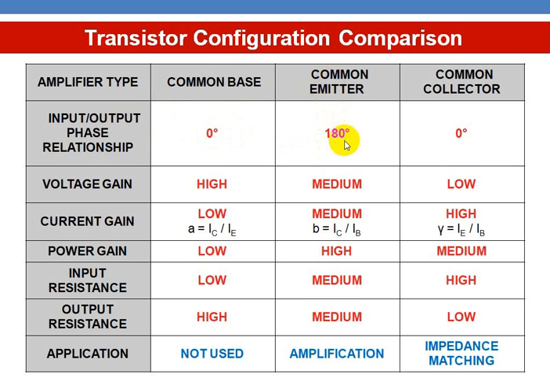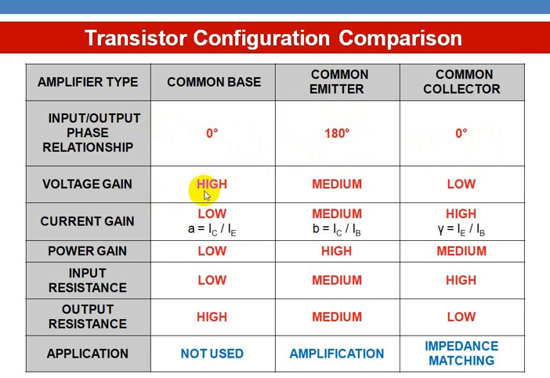Common emitter it is 180 degree, that is completely you will get the inverted output. So if you are going to apply a sine wave, you will get inverted sine wave output. If you apply positive voltage, you will get negative voltage. If you apply negative voltage, you will get positive. So complete 180 degree inversion you will get. And common collector there is no phase shift.